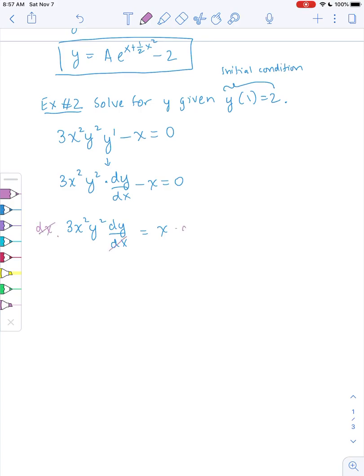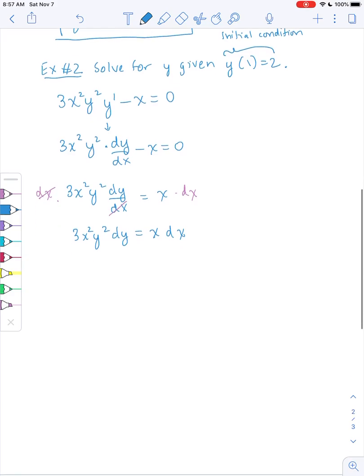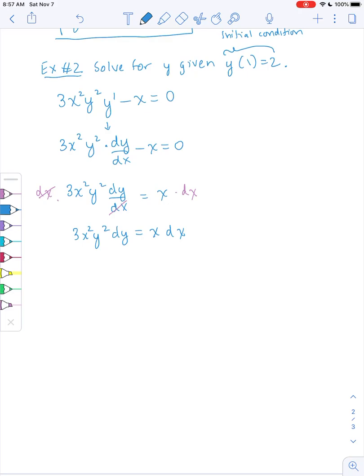We see that we can multiply dx by both sides to further get x by itself. And then finally, we have 3x squared y squared dy equals x dx. The question is, what would we do to separate the x's from the y's? The x usually goes on the right, y is on the left. So we see that we have 3 times x squared times y squared times dy.